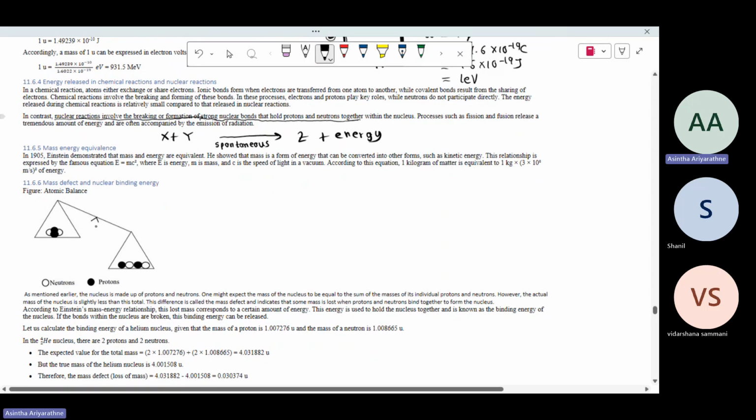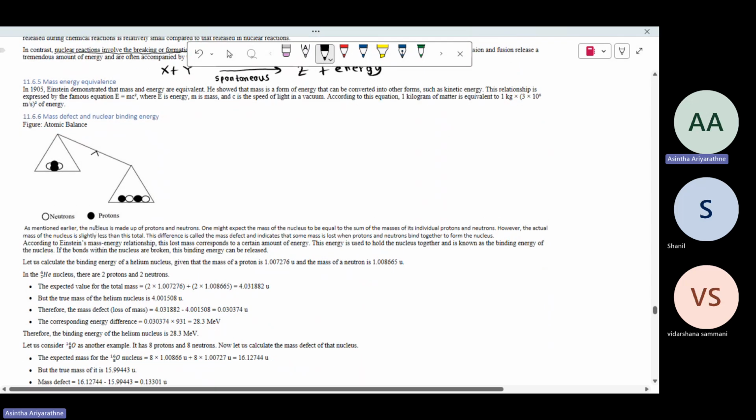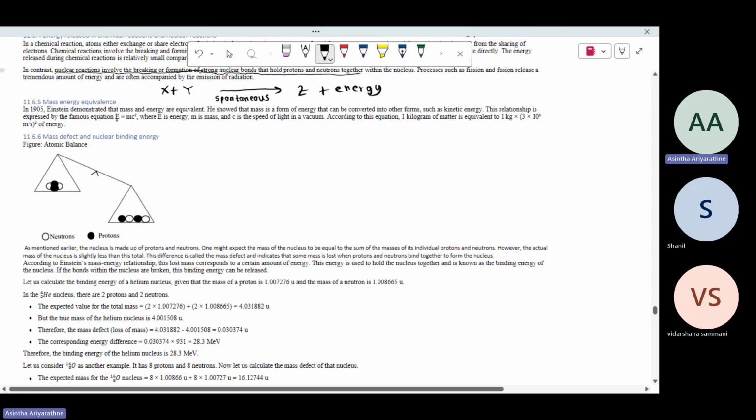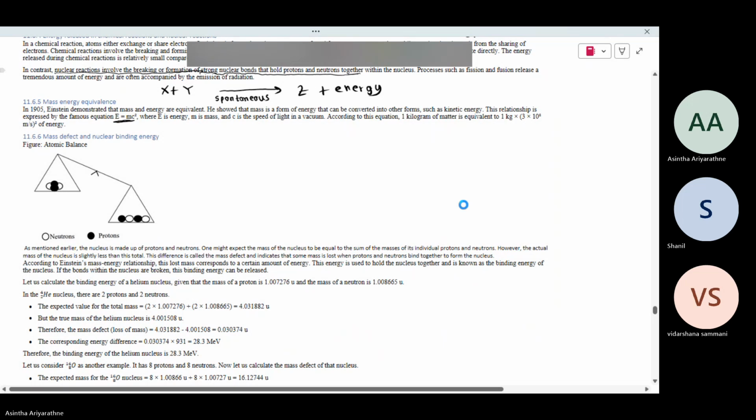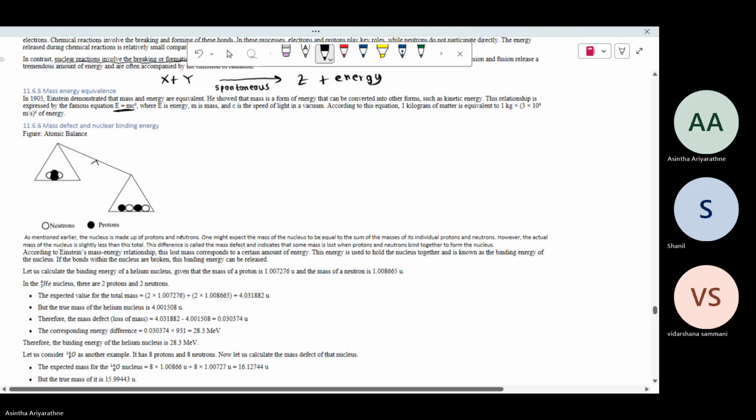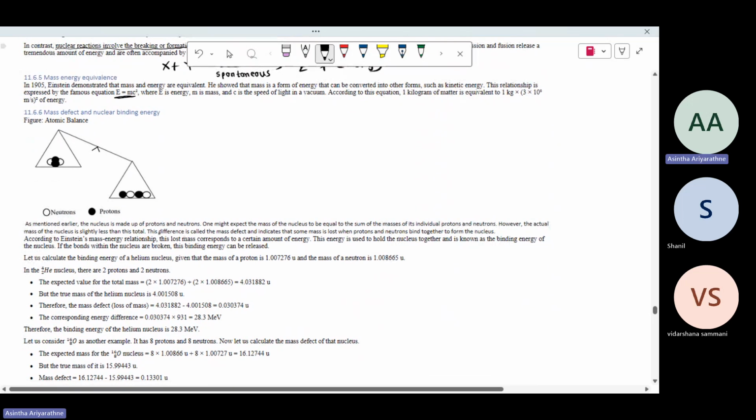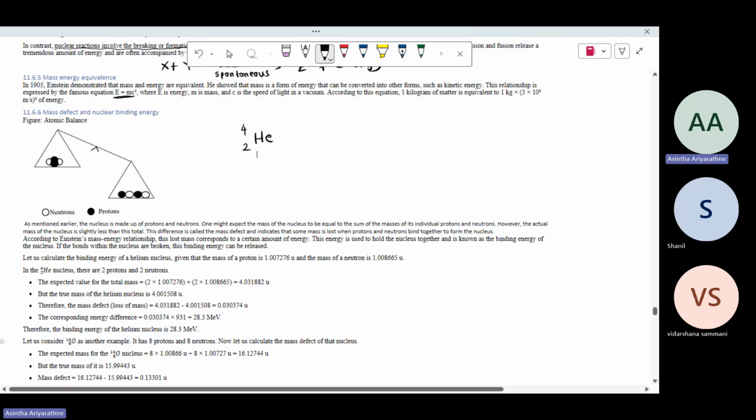From the mass-energy relation, E equals mc squared, it is observed with the helium nucleus, which we know is 2,4, that there are 2 protons and 2 neutrons.